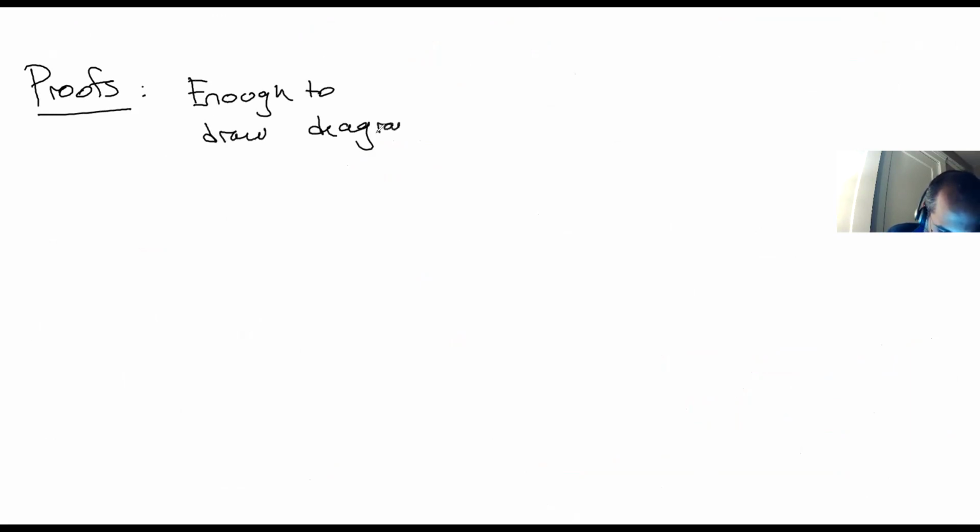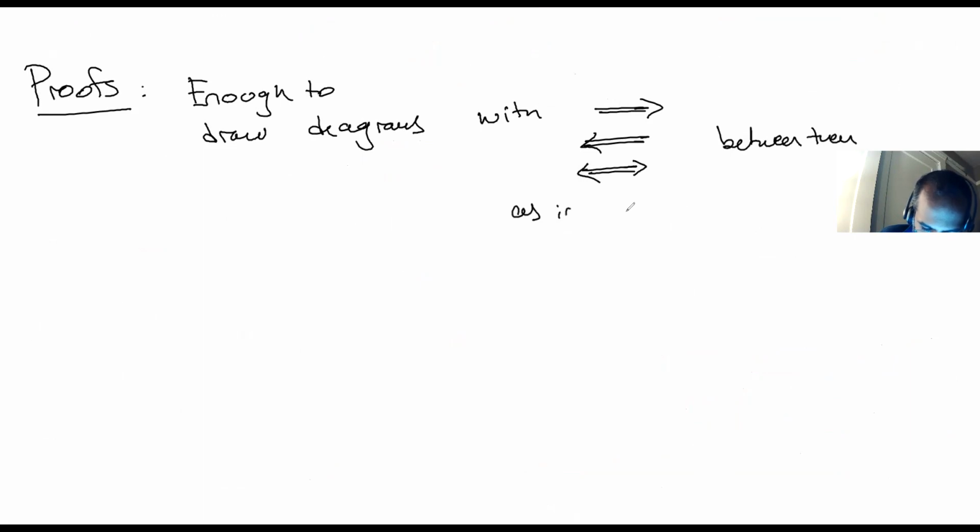Okay, so about proofs, it's enough to draw diagrams with arrows between them, as I did in class. Okay, so I'm not expecting some formal prose to be written here.